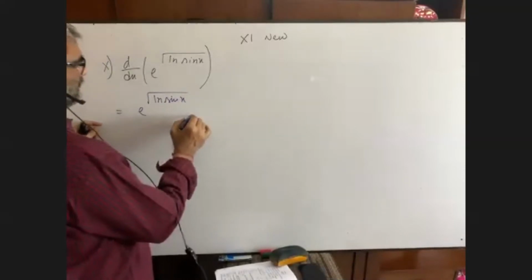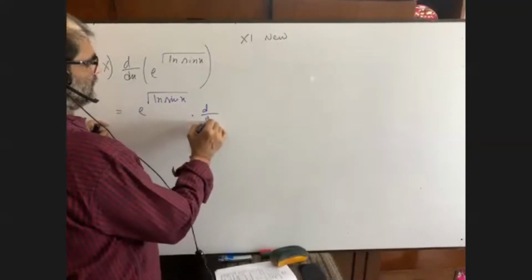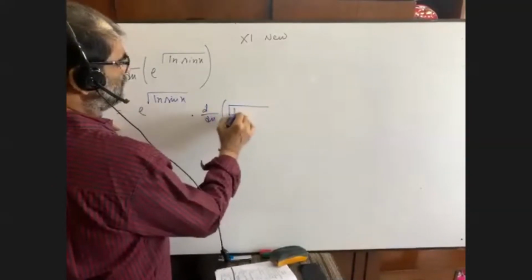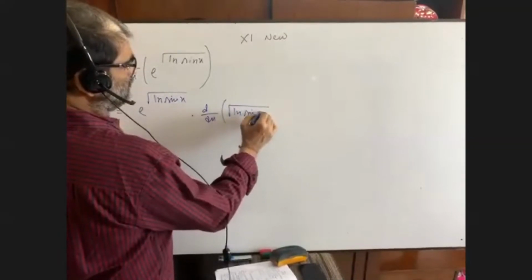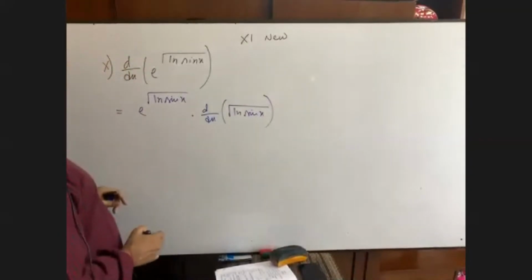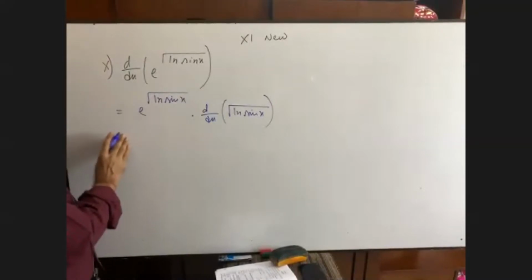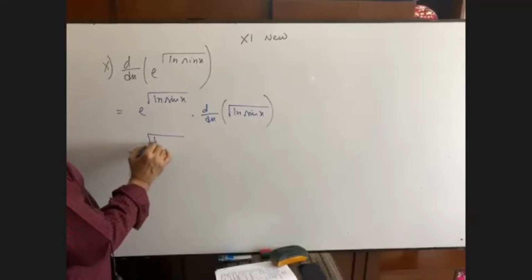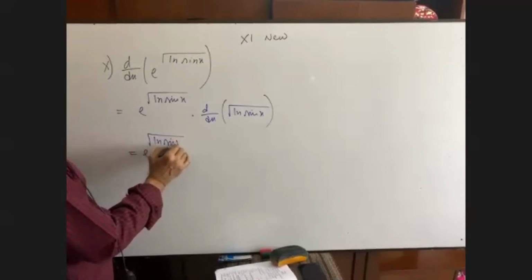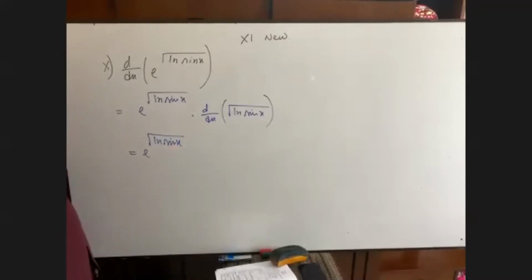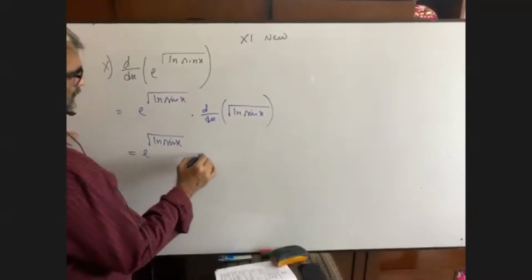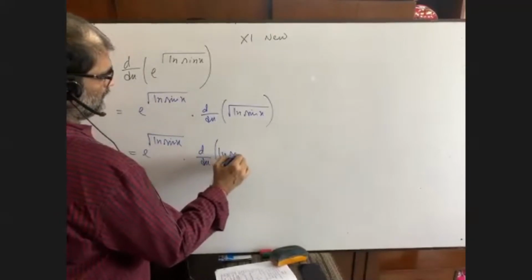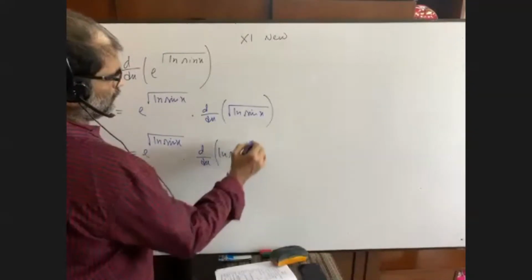Then d by dx root over ln sin x. E to the power ln sin x dot d by dx ln sin x whole to the power half.